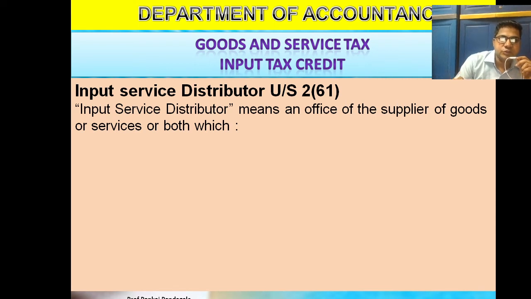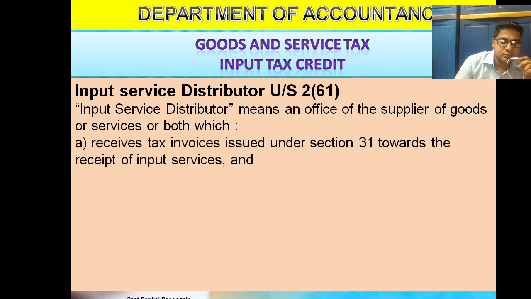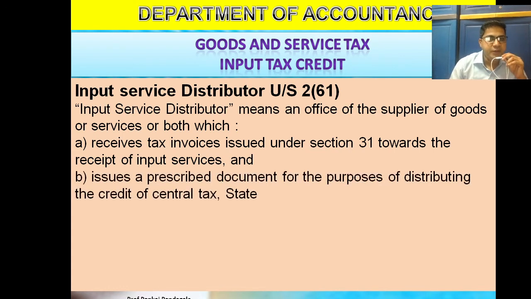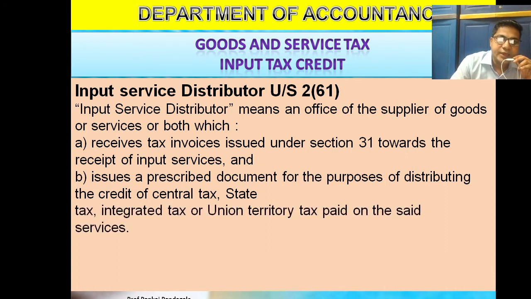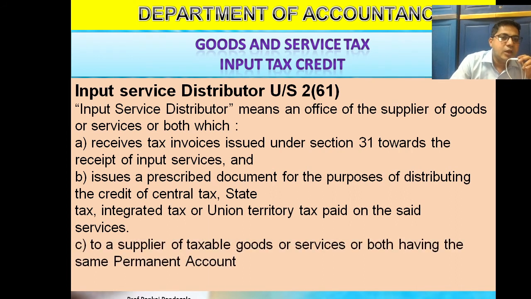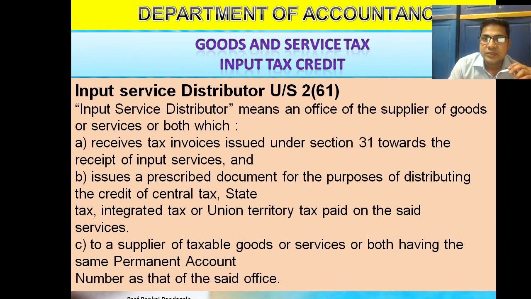It means an office of the supplier of goods or services or both, which receives tax invoices issued under section 31 towards the receipt of input services and issues a prescribed document for the purposes of distributing the credit of central tax, state tax, integrated tax or union territory tax paid on the said services to the suppliers of taxable goods or services or both having the same permanent account number as that of the said office.